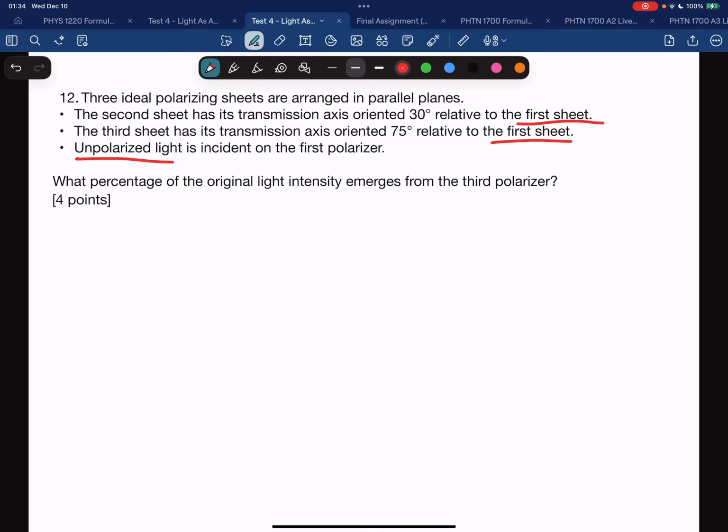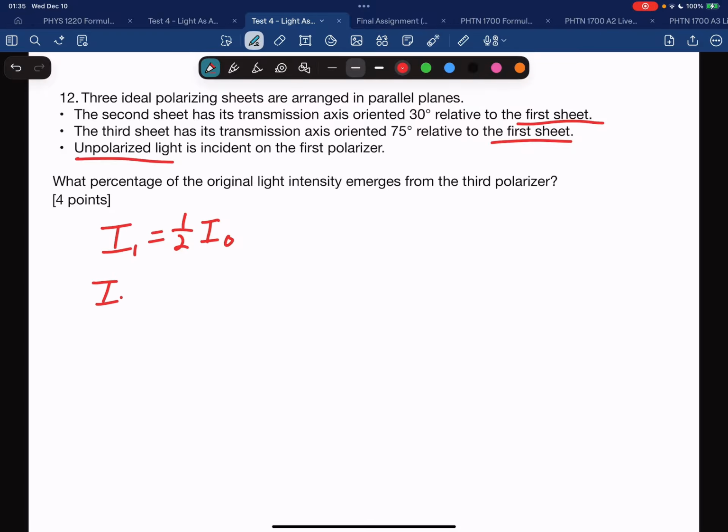What percentage of the original light intensity emerges from the third polarizer? Okay, so first let's start by writing down the fact that half of the original unpolarized light will make it through the first filter. So 1/2 I0 will make it through the first filter, and that amount of light I will call I1.